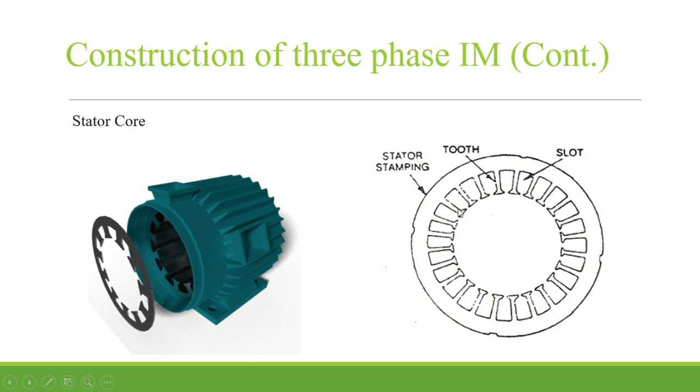So the stampings or laminations of this stator are 0.3 to 0.5 mm thick, and these are stamped together, and these punches are cut out, and these punches are known as slot, and this is known as the tooth. So this is the slot of the stator core and this is the tooth of the stator core.